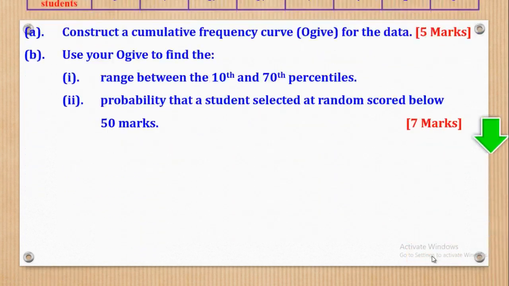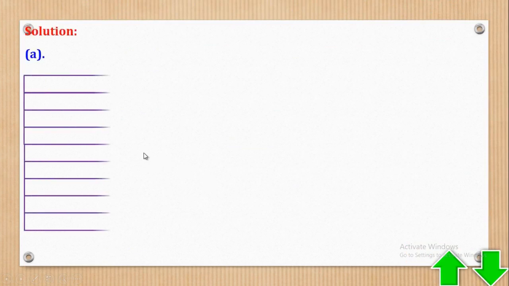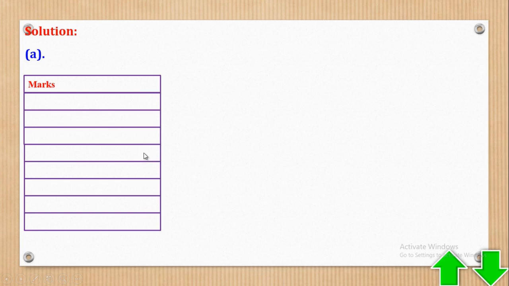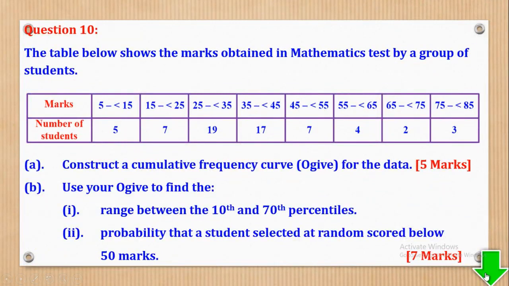So the first thing to do is to tabulate. We need the column for marks, which I put there, these very values for marks.